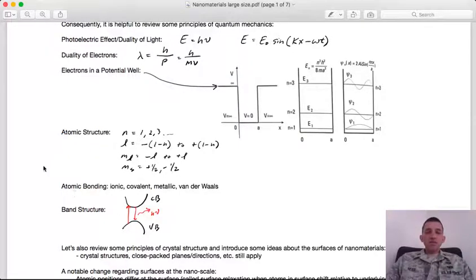And this dictates the absorption properties of our semiconductors, or also of our nanostructured elements, which we'll talk about.